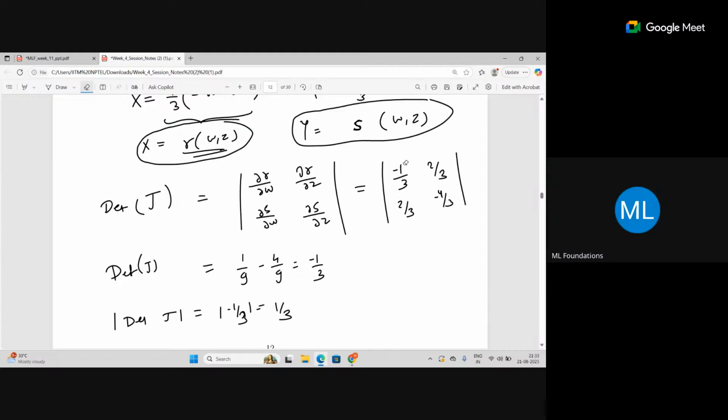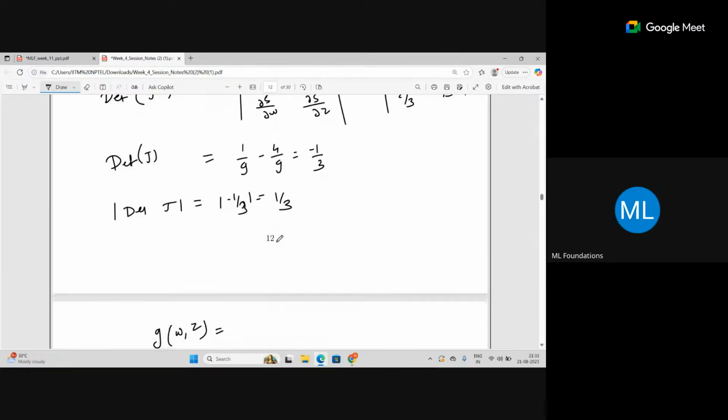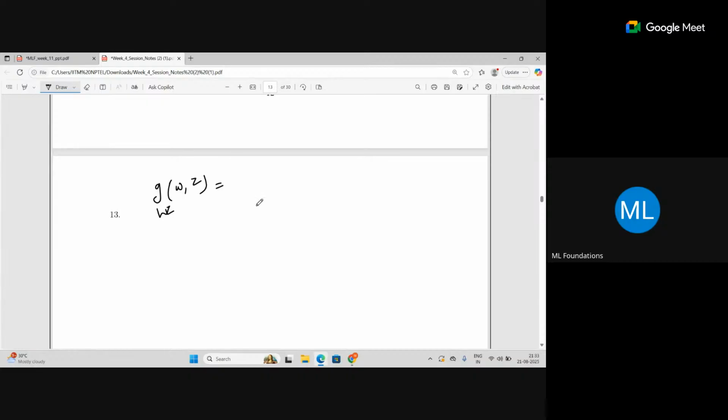That's not a problem. Okay, sir. Got it. Fine. So your determinant of Jacobian will be a function of w and z in that case, not a function of x and y. But basically, we are trying to find the joint density of w and z, and the joint density of w and z will be a function of w and z anyway.